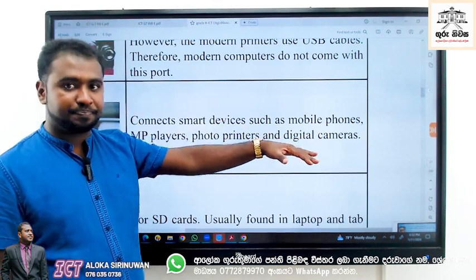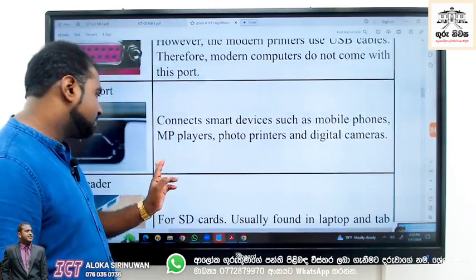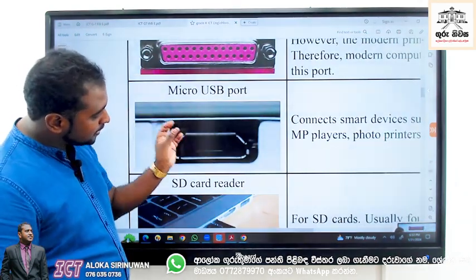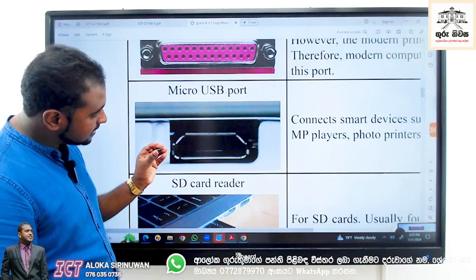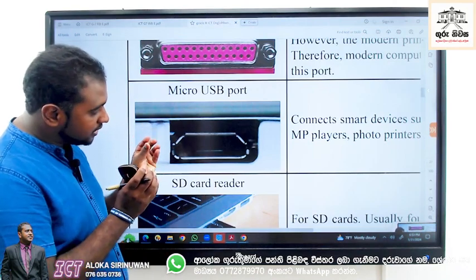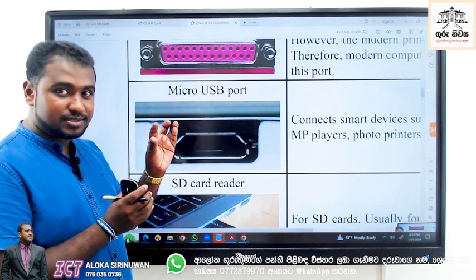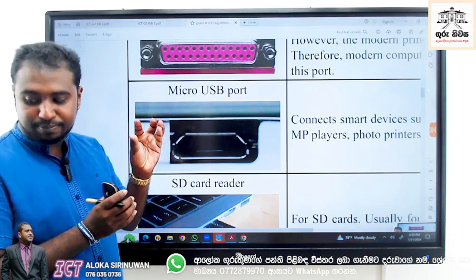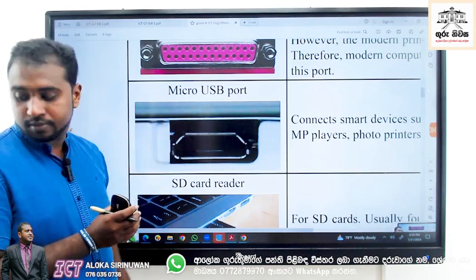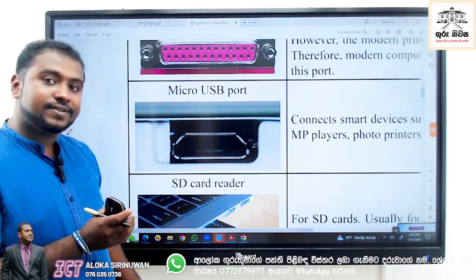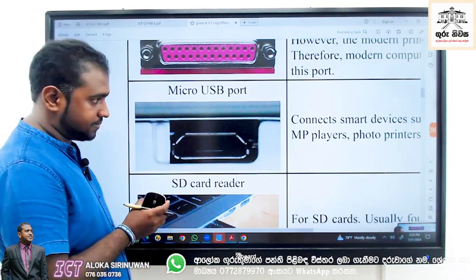It can be used to plug in your MP3 player and audio materials with this port. Understood?